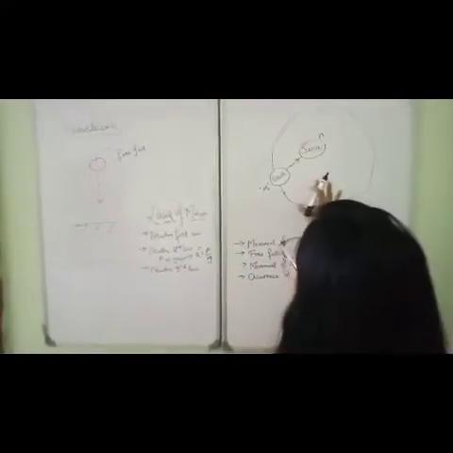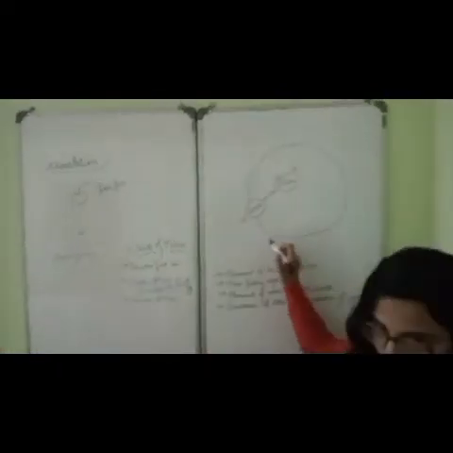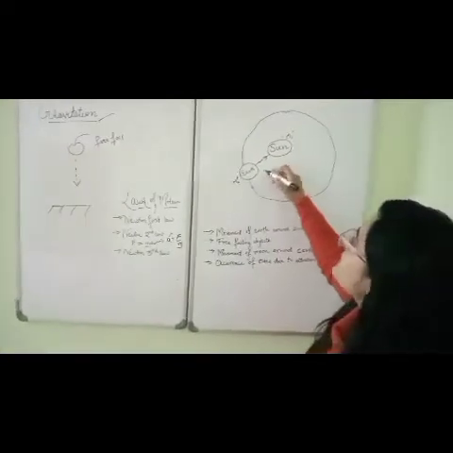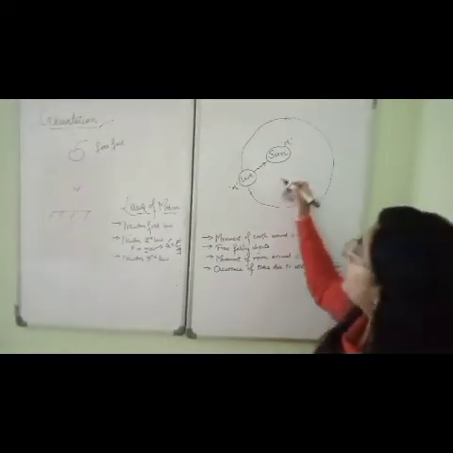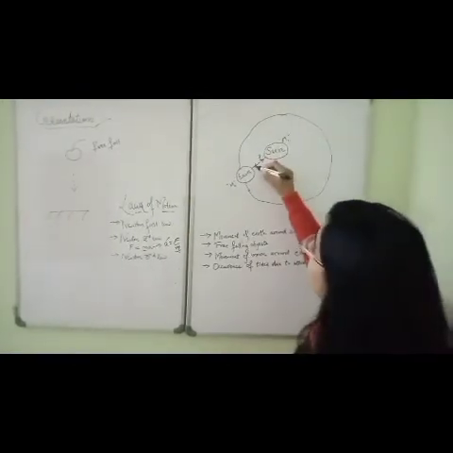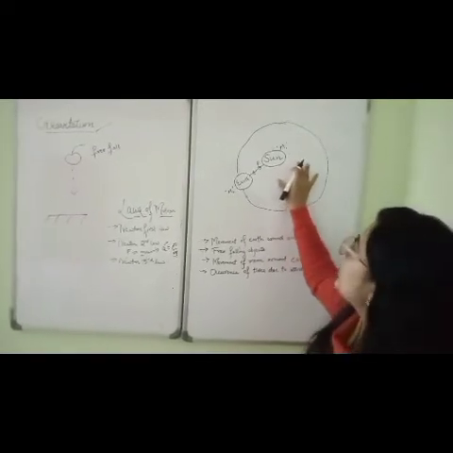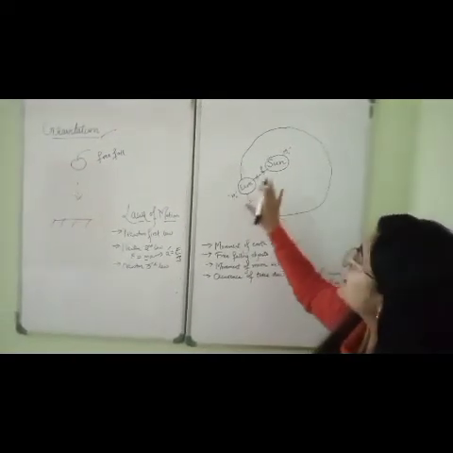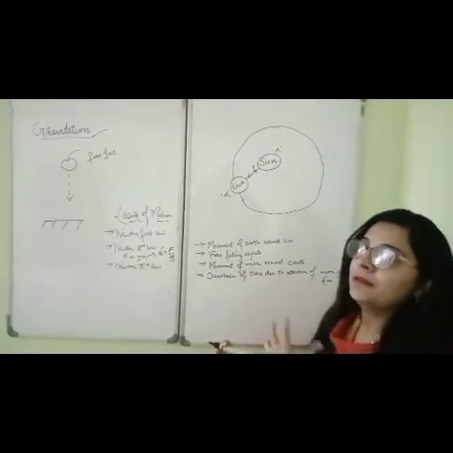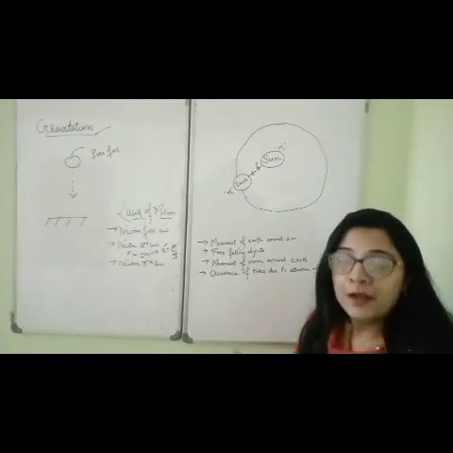Similarly, in the case of planets, the Sun is attracting the Earth towards itself with a force of attraction, and an equal force is experienced by the Sun from the Earth in the opposite direction. But the Sun has a larger mass, so we can't see the Sun moving towards the Earth, but we can see the Earth orbiting around the Sun due to its force of attraction, which is the force of gravitation.